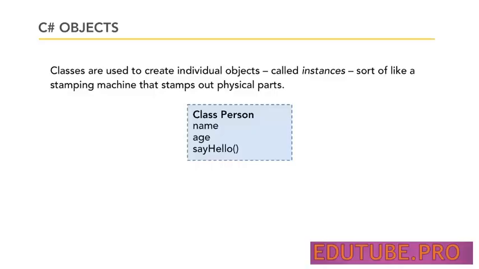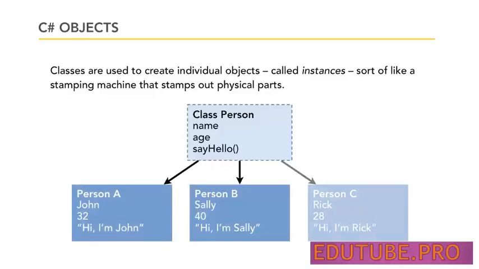Each time I made an object, that's called creating an instance of class person. So here I've got 3 instances of the person class. I've got person A, B, and C. And each one of these real objects has actual data that's filling out the class. So we're using the class definition or the blueprint to actually make instances of that class.